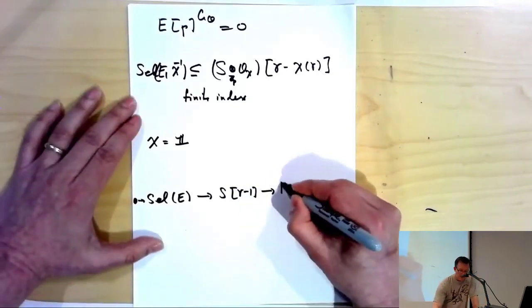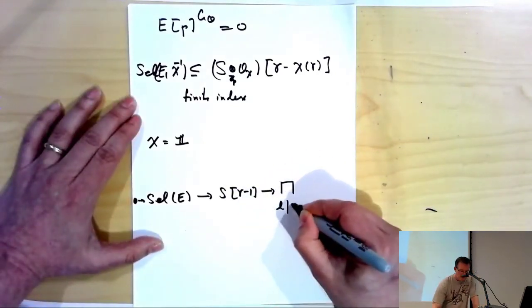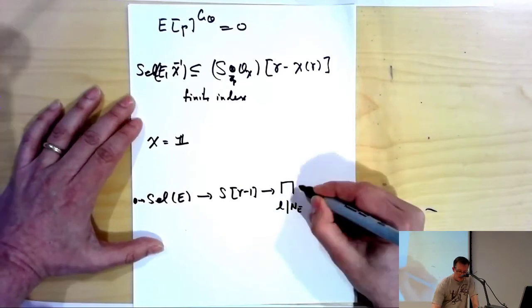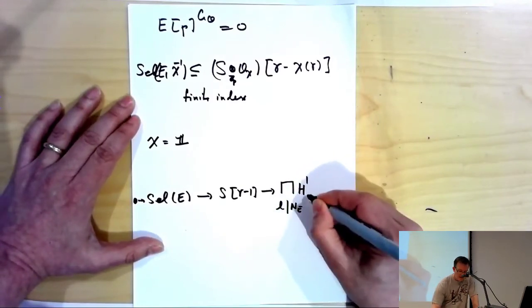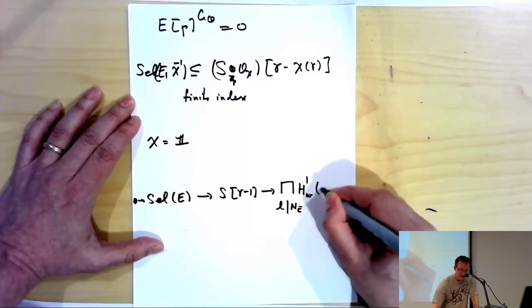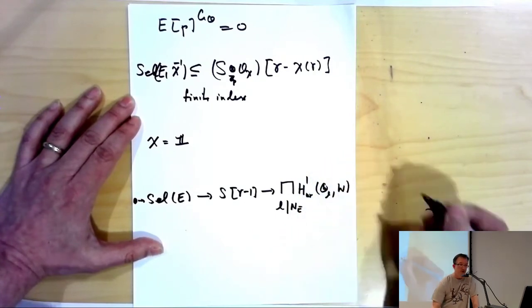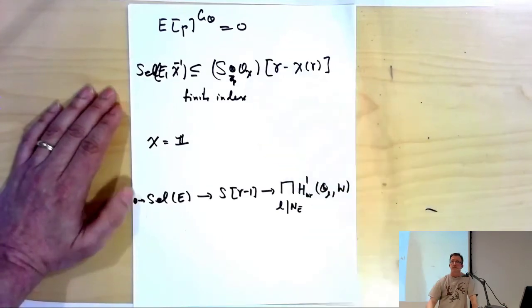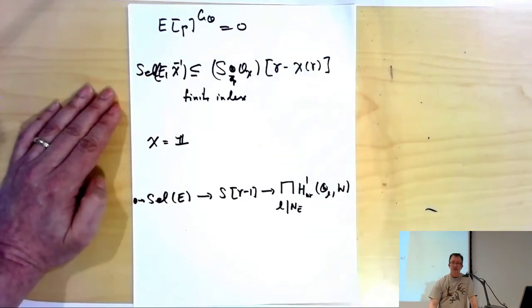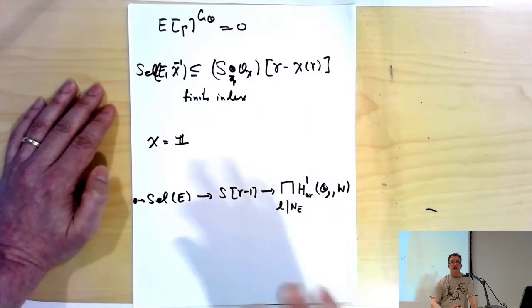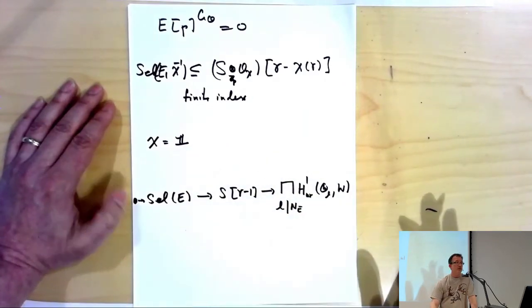You have a product over all the primes l that divide N of E. You actually have the unramified cohomology classes of Q_l of W. So the decoration at the bottom is UR, meaning unramified, so it's the classes that vanish on restriction to the inertia groups.